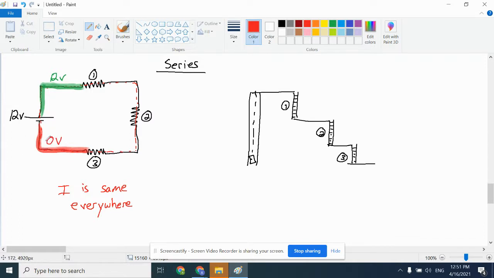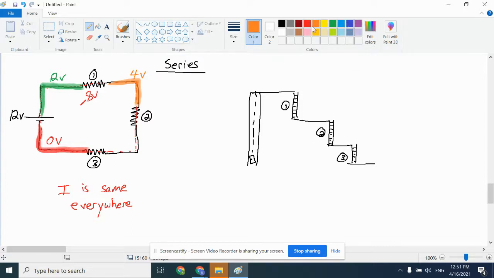Again, the 12-volt battery is defined by taking a 0-volt line and raising it up to 12 volts. Perhaps we have a very big resistor at first, and perhaps this resistor consumes a total of 8 volts. So that would mean that after resistor 1, our line's down to 4 volts.